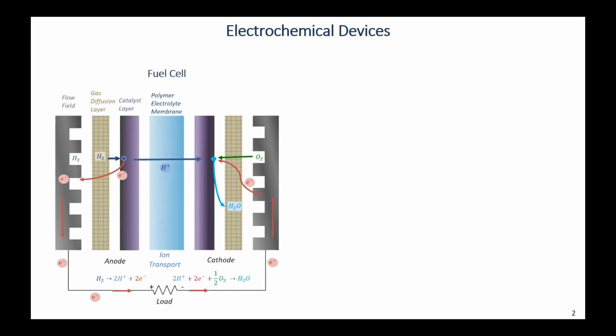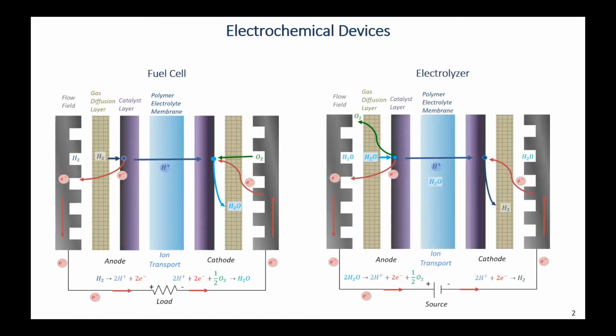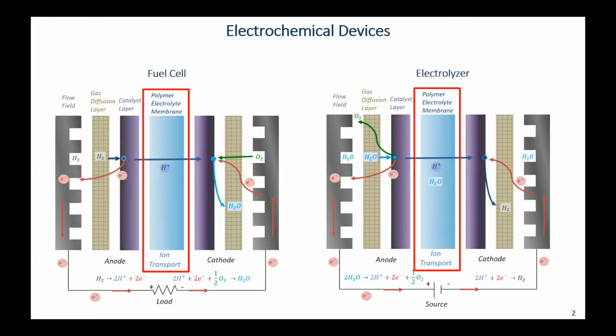For one example, there's a fuel cell, which takes in hydrogen gas and reacts at a catalyst layer, moves that proton over and reacts again, which allows you to power some device with electricity. And the end result is water. An analogous device does the exact opposite, takes in water and makes hydrogen using electricity.